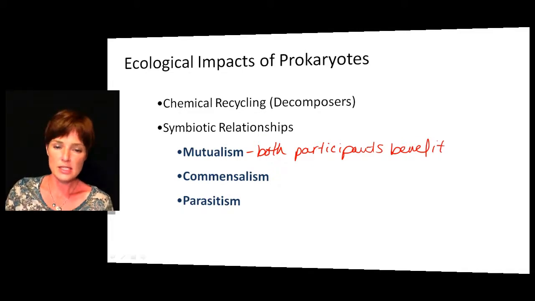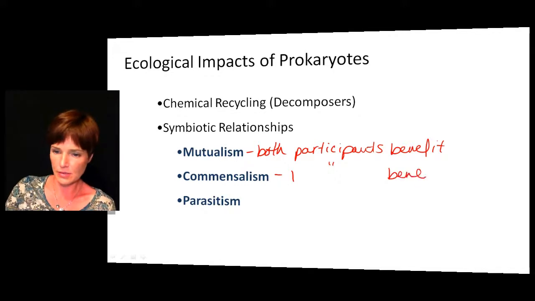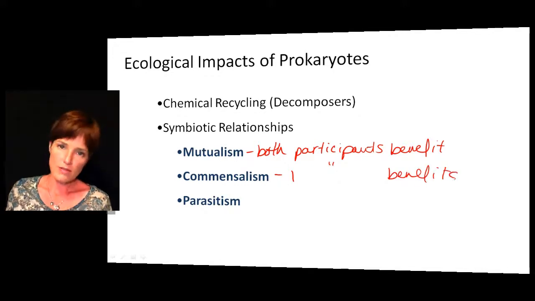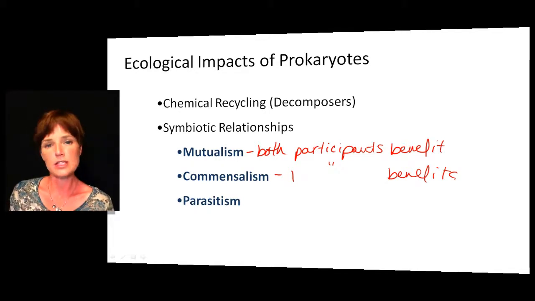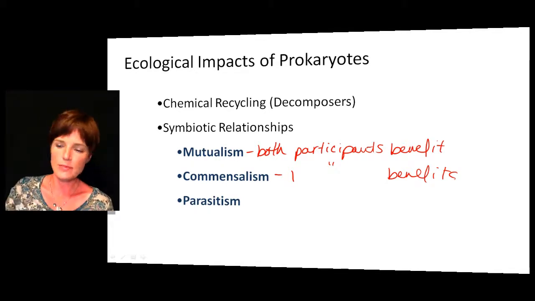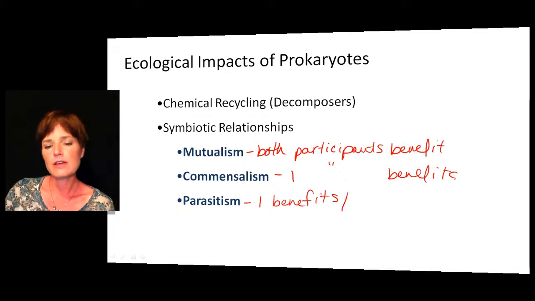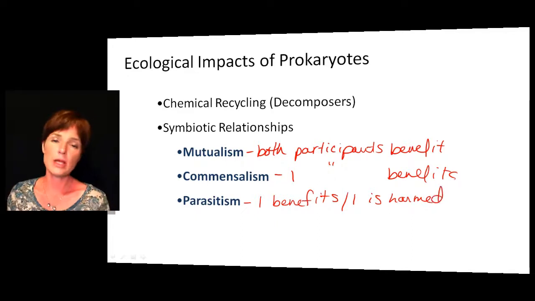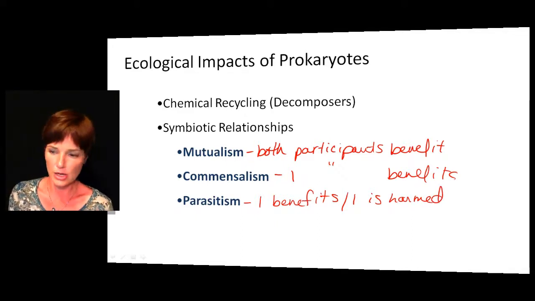We have commensalism, where one participant benefits, but neither one of them is going to be harmed in the process. And then we have parasitism, where one benefits and one is harmed. So that would be what we consider a lot of diseases that are caused by prokaryotic cells.